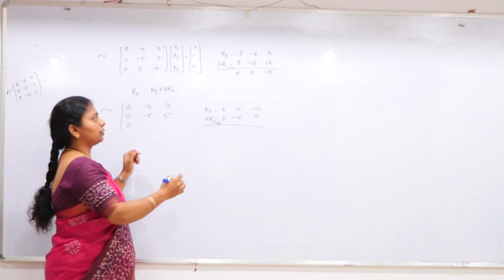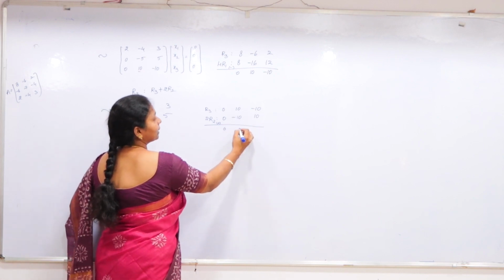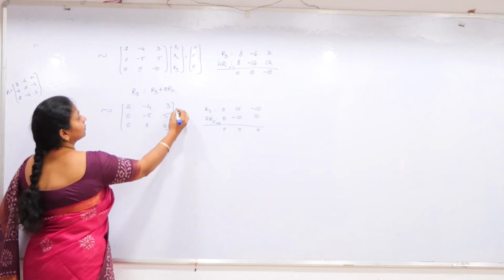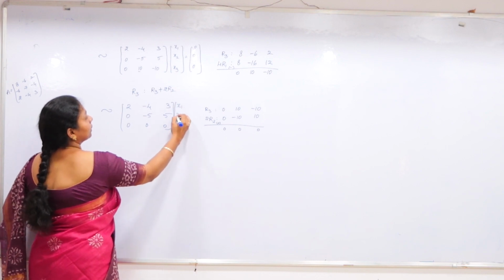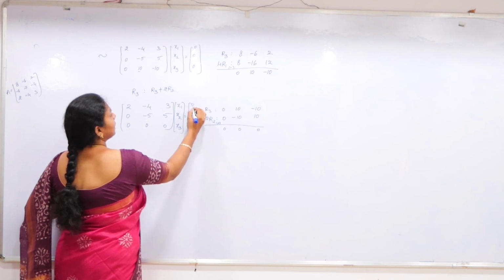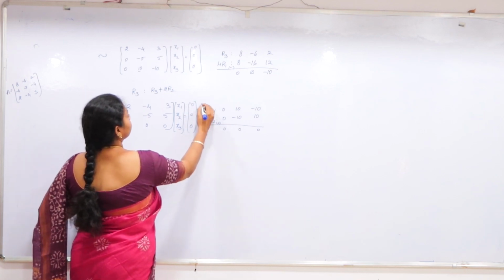R3 plus 2R2 means 0 plus 0, 10 minus 10, minus 10 plus 10. So R3 is all zeros, R3 contains 0, 0, 0.